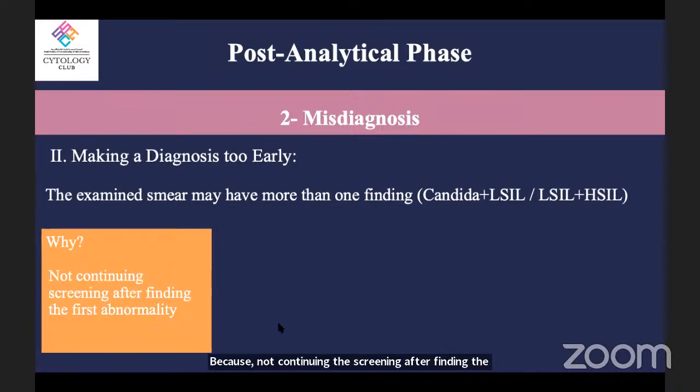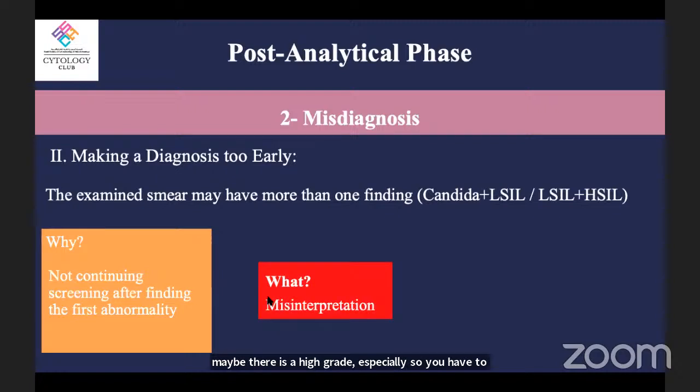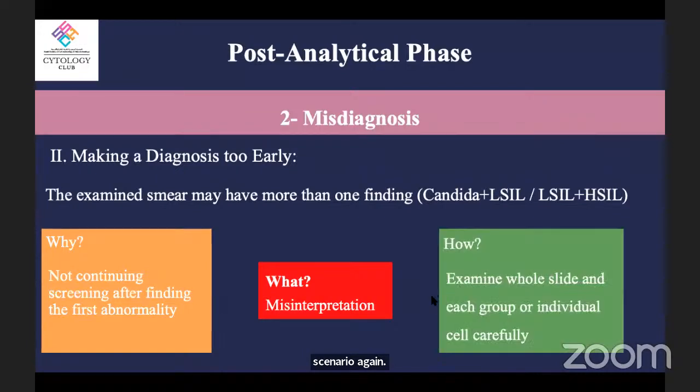Let's say you find low grade and you stop the screening; maybe there is a high grade, especially HSIL. So you have to screen the whole slide to make sure you didn't miss any cell. Again, this will lead to misinterpretation or misdiagnosis. And how could we avoid it? Examine the whole slide and each group or individual cell carefully.